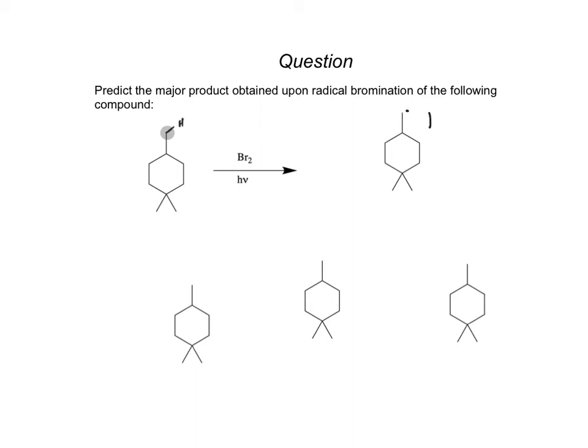My radicals and my degree sign look the same, which is frustrating, so I apologize for that. So we would get the primary radical here, and after the halogenation step, that would turn into a primary alkyl halide.